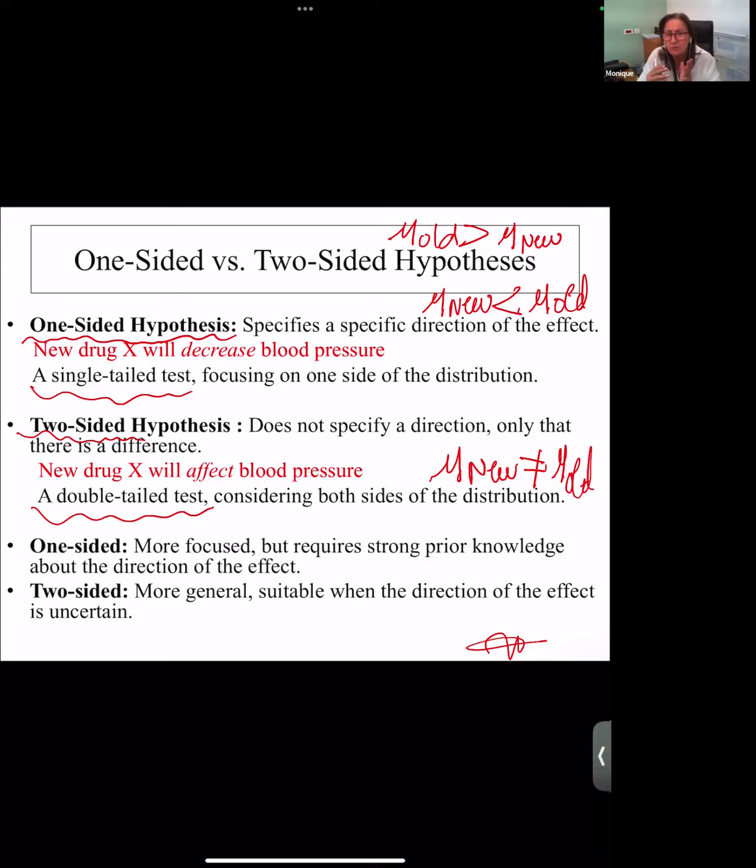The two-sided is, for example, when I expect that the mental health of people because of the war will be affected by their gender, male and female. If you don't know which will have higher prevalence of depressive symptoms or anxiety, you can just state that the probability of depression among adults during the war is different between male and female.